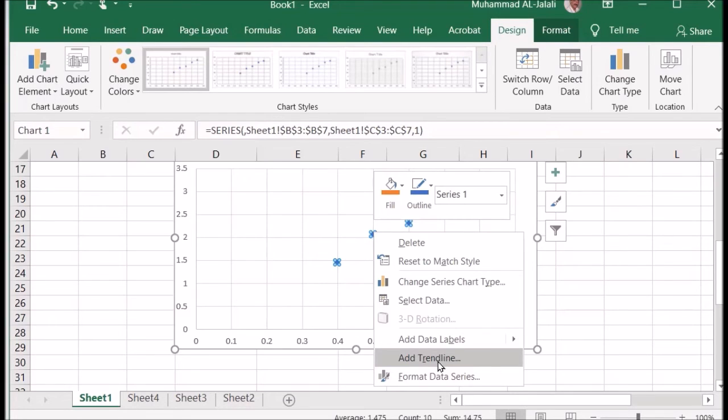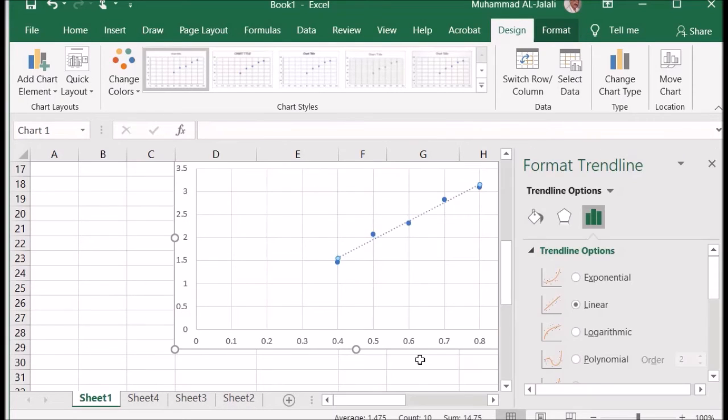At the end you will see the sentence Add Trendline. Press Add Trendline.